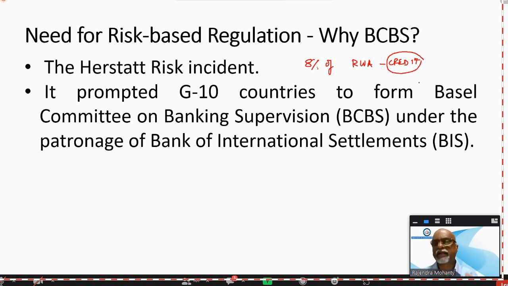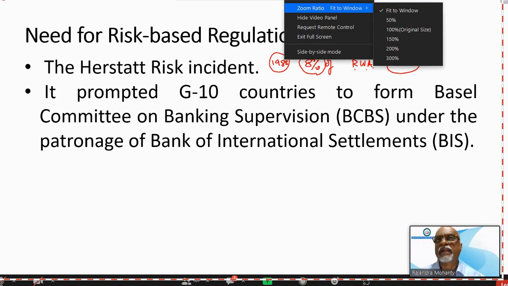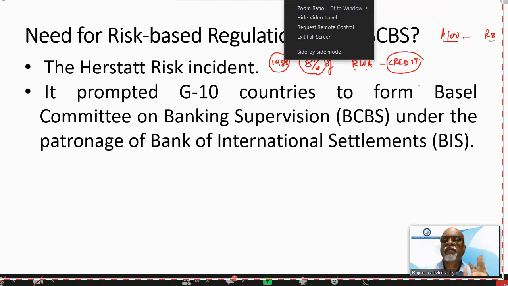They came later. But when it was introduced in the year 1988, it was stated that every bank has to maintain 8% capital on the basis of credit risk weights, the total credit risk weight. Suppose your total credit risk weight is 100 rupees, then you have to maintain a capital of 8 rupees. That was the prescription of Basel.